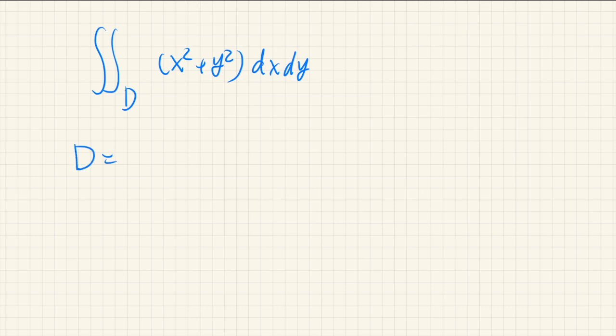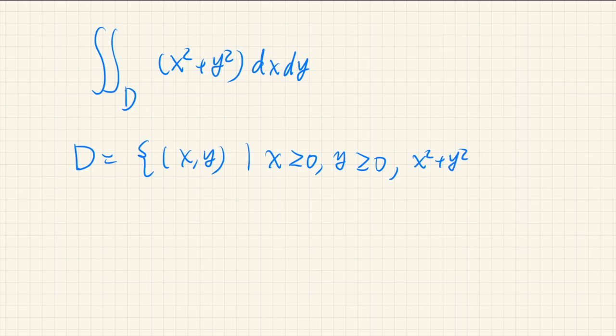So this time, let's integrate this function, x squared plus y squared, dx dy, where D is this region. x non-negative, y non-negative, and x squared plus y squared is less than or equal to a squared. a is a constant.